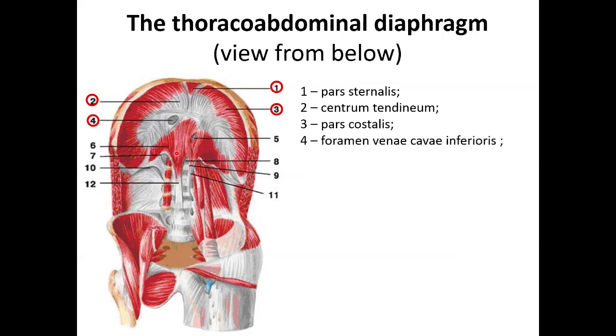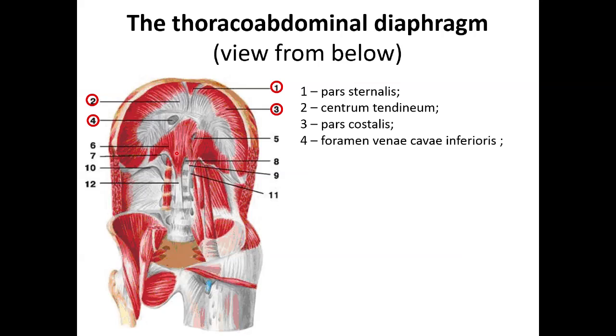So through this opening, foramen venae cavae inferioris, the largest venous vessel passes from below, from the abdominal cavity, to above, into the thoracic cavity, into the heart. So, number 4 is foramen venae cavae inferioris, because we have 2 large venous vessels with such name.